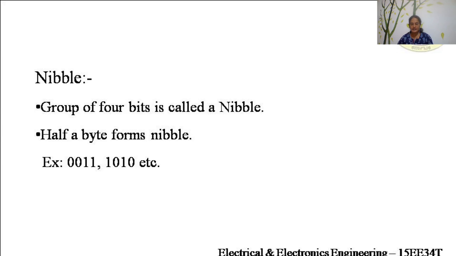Since byte is 8-bit long, nibble will be a half byte. Example 0011 1010, etc. 4-bit computers use nibbles as their fundamental unit to store data. They were used in early microprocessors, pocket calculators and pocket computers.